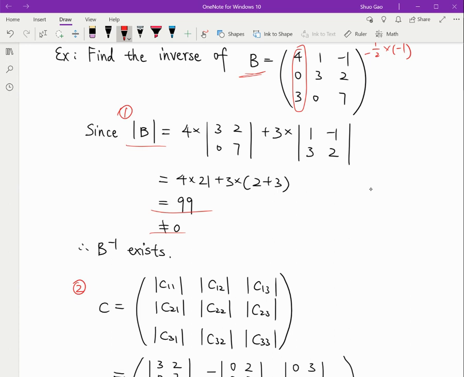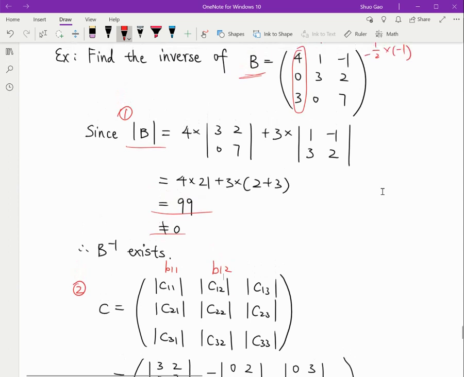Right, so we have 9 elements here because we have 9 elements in the matrix B. So the cofactors are 9, and C11 is the cofactor of B11, and C12 is the cofactor of B12, and so on.